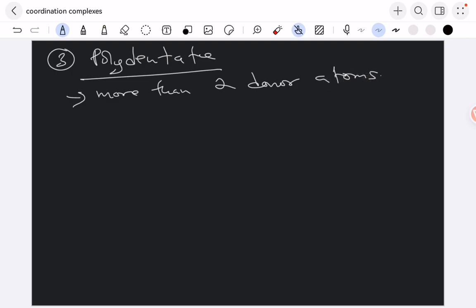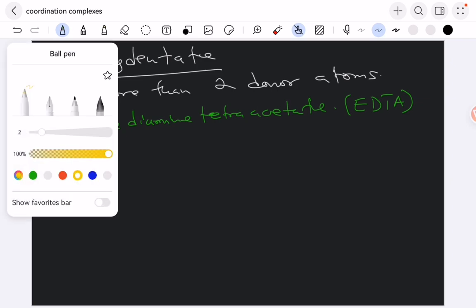The common example under this is ethylene diamine tetraacetate, which is usually known as EDTA. When we look at the structure of this, it's a bit complex, but very simple.